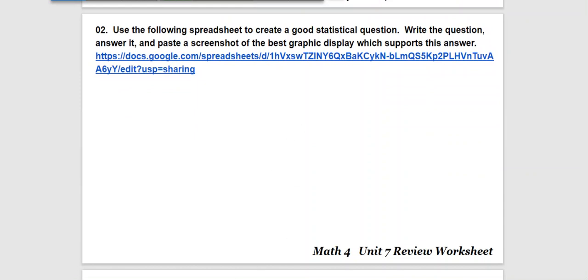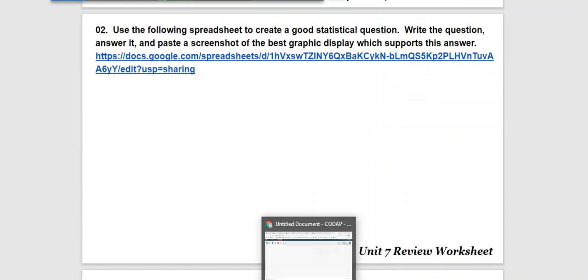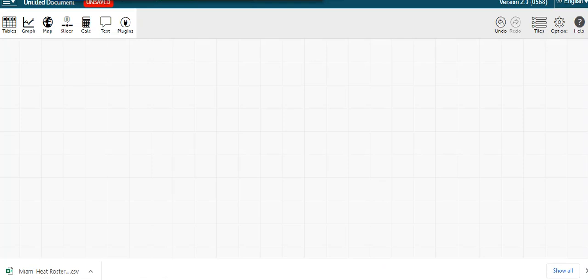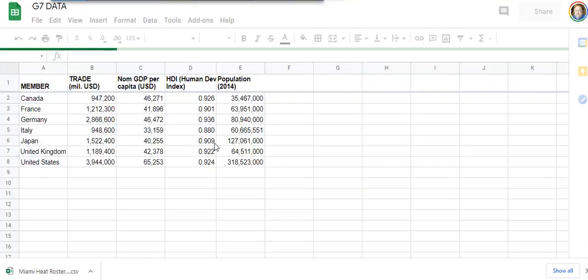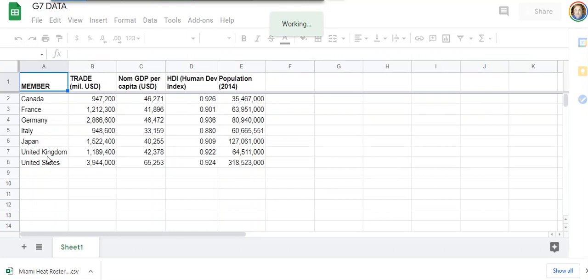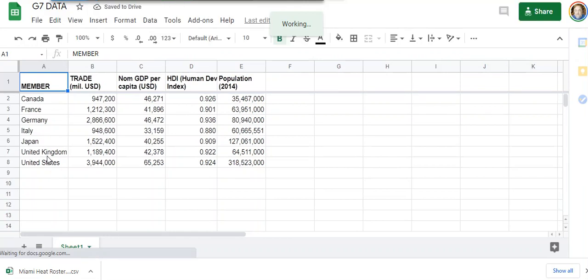This one involves the G7. The G7 data is going to look like this, where you have the 7 countries in the industrial world that are the most developed. Russia was a part of it at one point, and they got voted off the island.